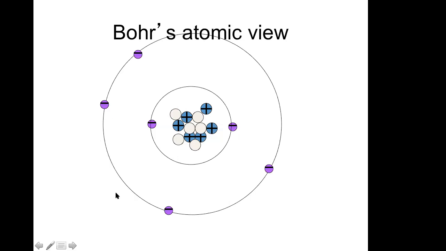And just a quick note as to Bohr's model, what evidence does he have for this? That came from the different colors that different elements would give off when you burned them. And so he said that we can tell the difference between these different layers by the colors that they give off. So if light goes in, it's going to bump an electron to a different layer.